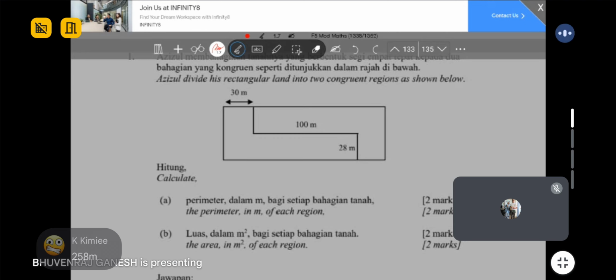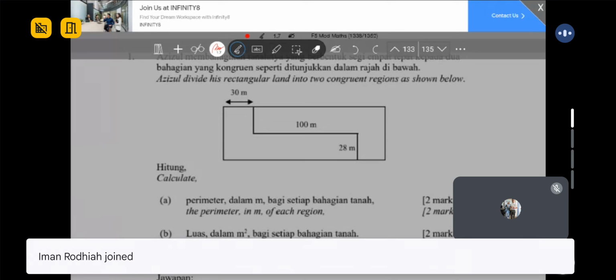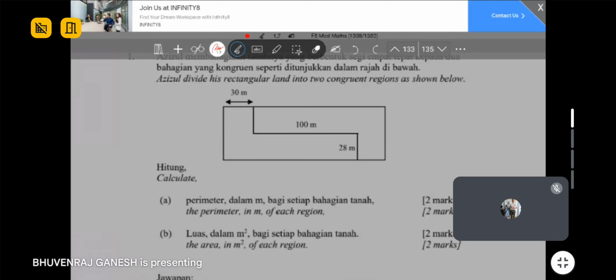Terlalu rendah. Very low already. Lebih tinggi dari yang tu. Tapi lebih kurang dari 372. Now the answer is in this range guys. Kamu kena cari X sekarang bagi saya, iaitu perimeter.